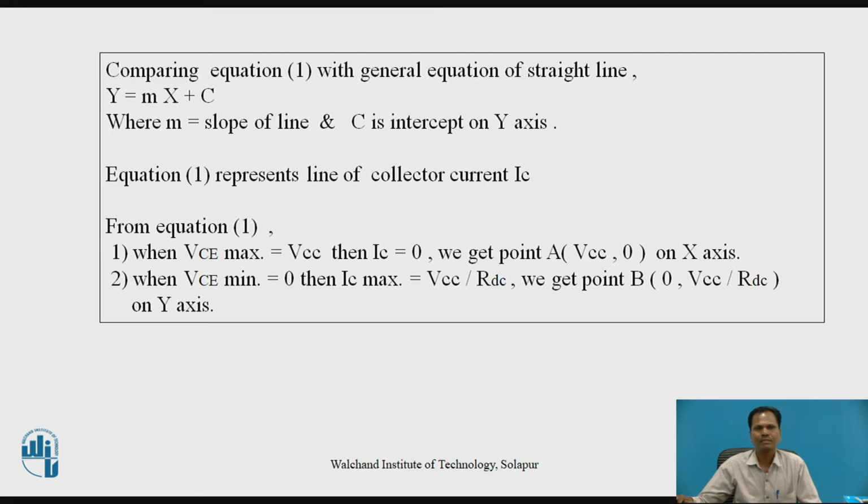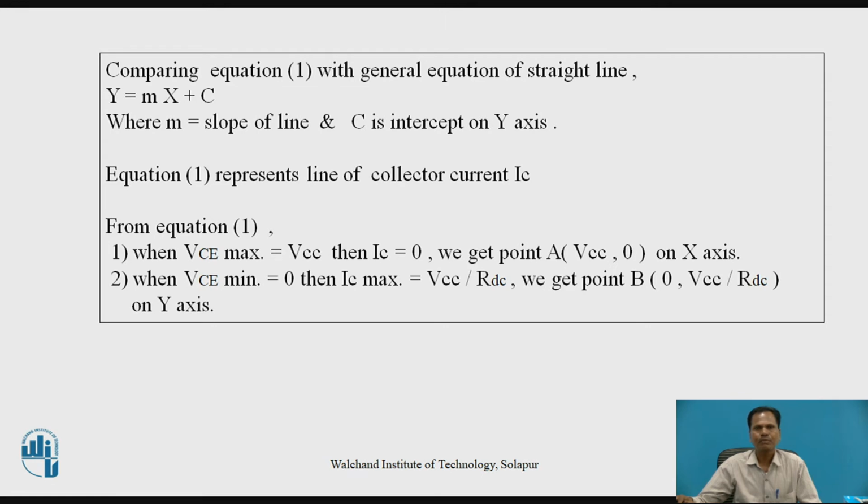When VCE max is equal to VCC, substitute the value of VCE equal to VCC, then the value of IC equals 0 from equation number 1. So from this we get a point A with x coordinate value VCC, that is the maximum value for output collector to emitter voltage, and y coordinate value 0, that is the output collector current IC, 0 on the x axis.